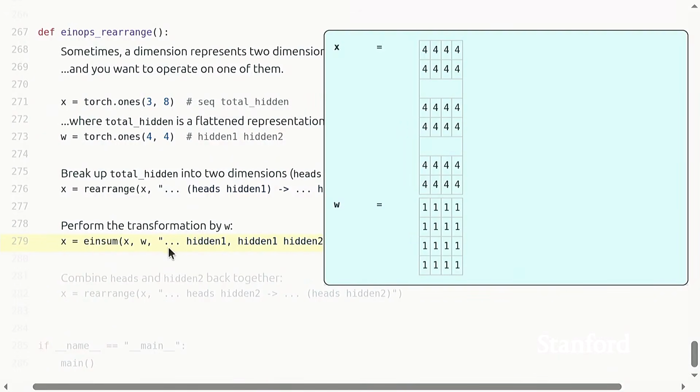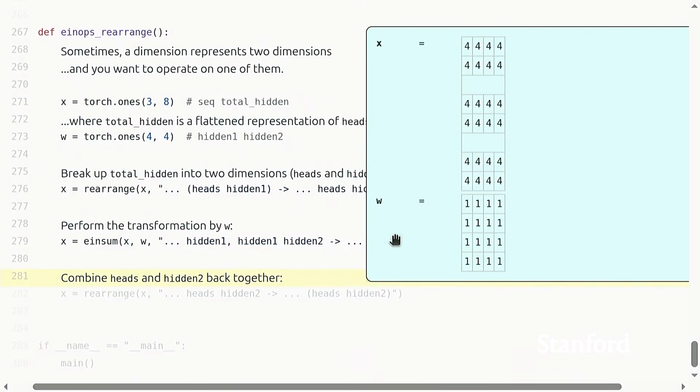Again, this dot, dot, dot is saying for each of these things in the batch and in the sequence dimension, I'm going to do this kind of matrix multiplication. For every row, I'm going to do this matrix multiplication by hidden 1 times hidden 2. And that results in a tensor of the same shape.